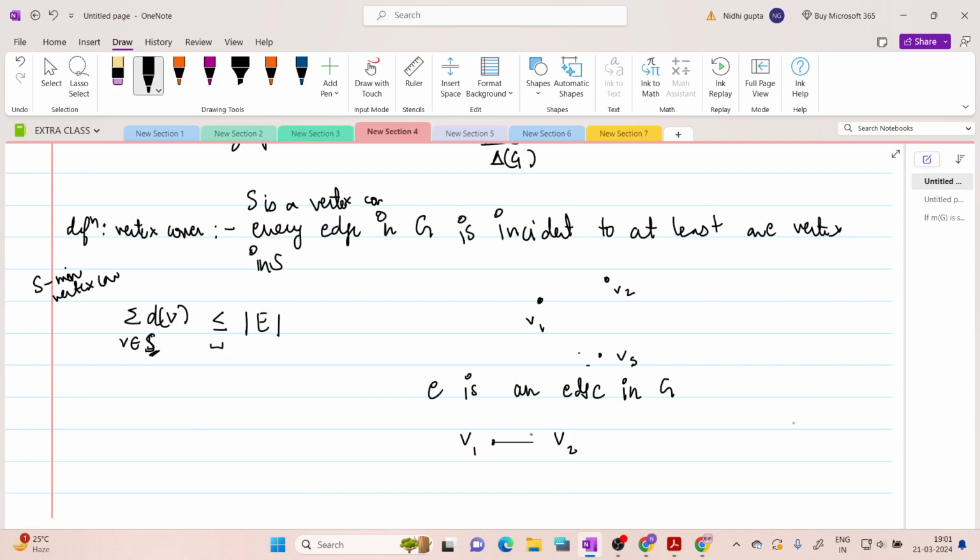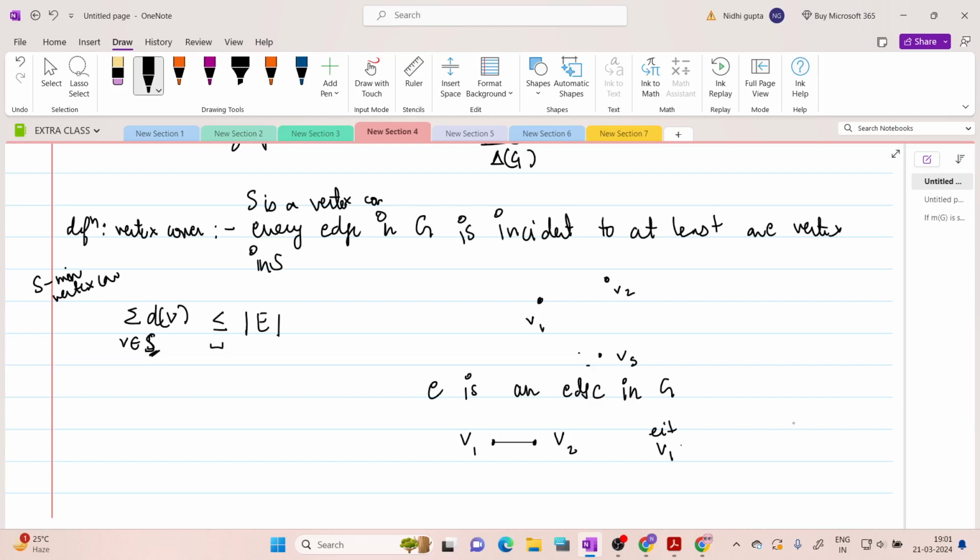If S is a vertex cover, then what do we know? Either V1 belongs to S or V2 belongs to S, or both can also belong to S, right?